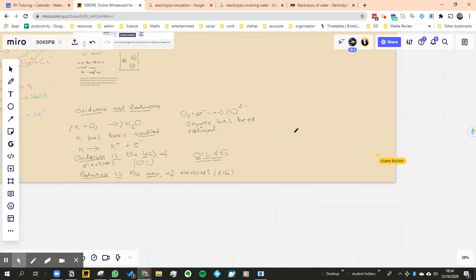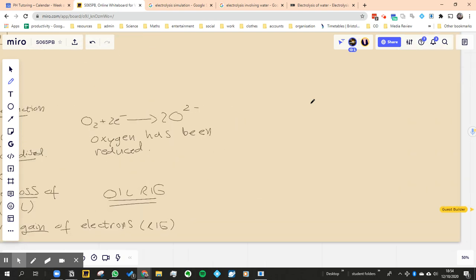Now let's just do one more example here. Let's imagine we had sodium reacting with chlorine gas to produce sodium chloride. We'll just balance that. And then look at what's actually happened to the sodium.